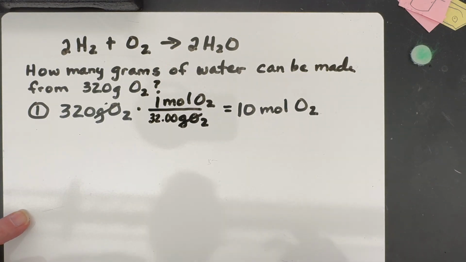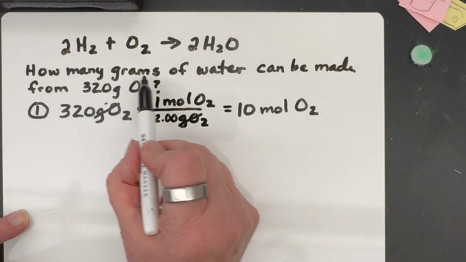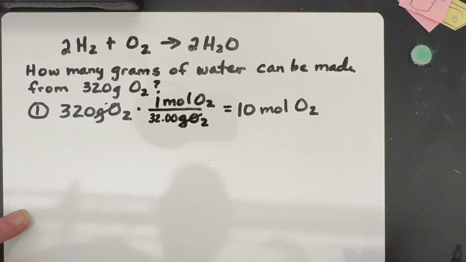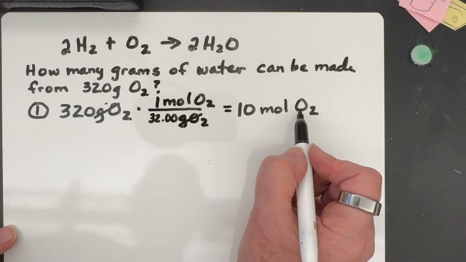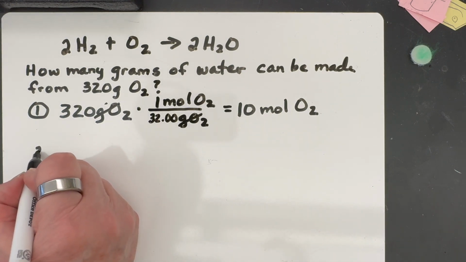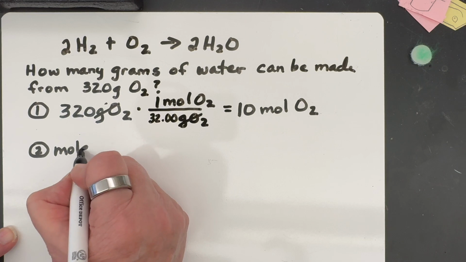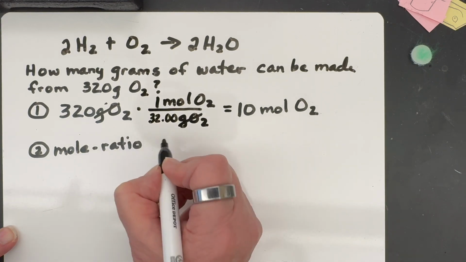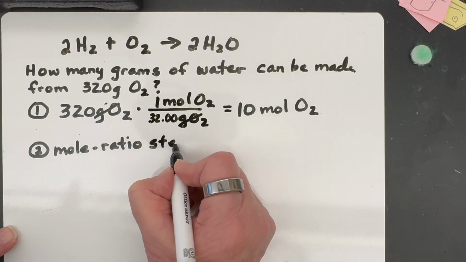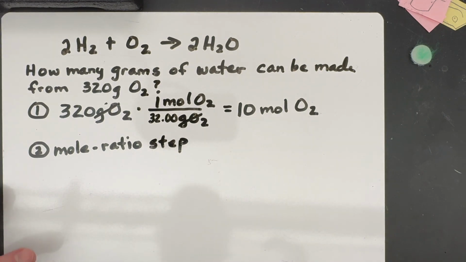But we aren't asked about moles of O2, we're asked how many grams of water. So our next step is to go from oxygen to water. So this is called the mole ratio step. But we're still just going to use the factor label method or dimensional analysis.